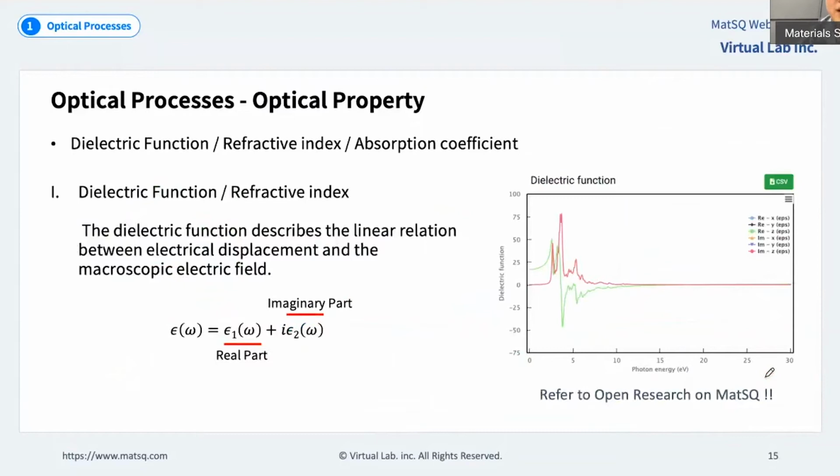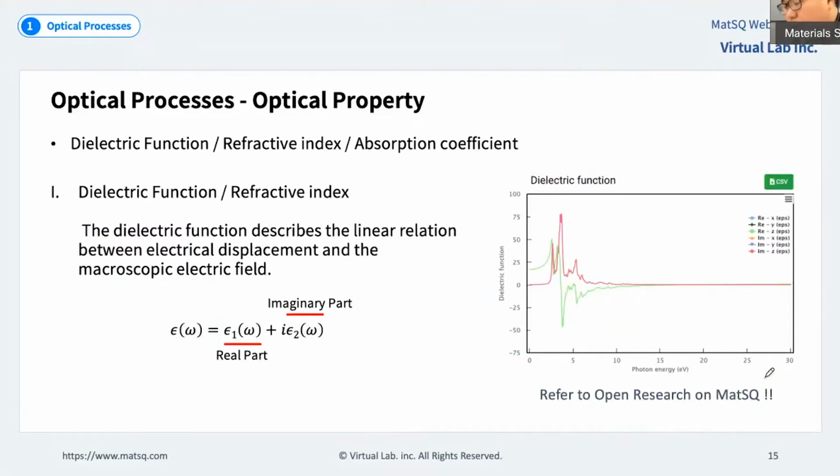When you finish this webinar, I will teach you how to calculate optical properties here, in Materials Square. Those properties are the dielectric function, refractive index, and absorption coefficient. So the dielectric function describes the linear relation between the electric displacement and the macroscopic electric field.